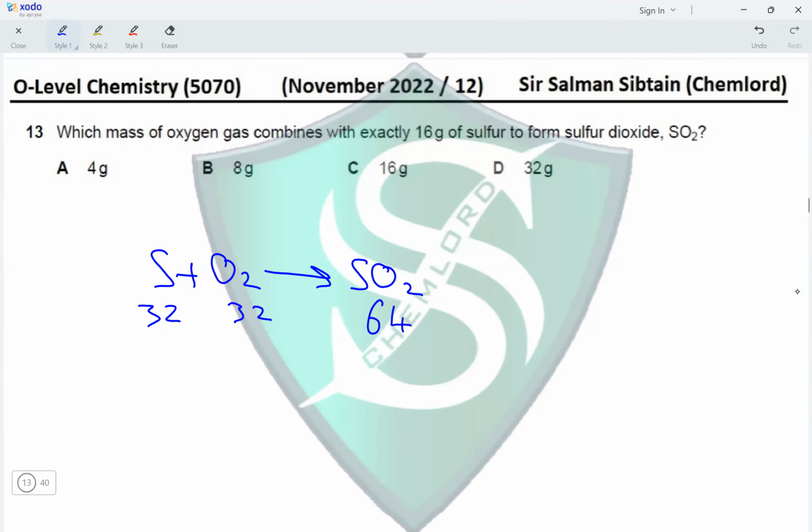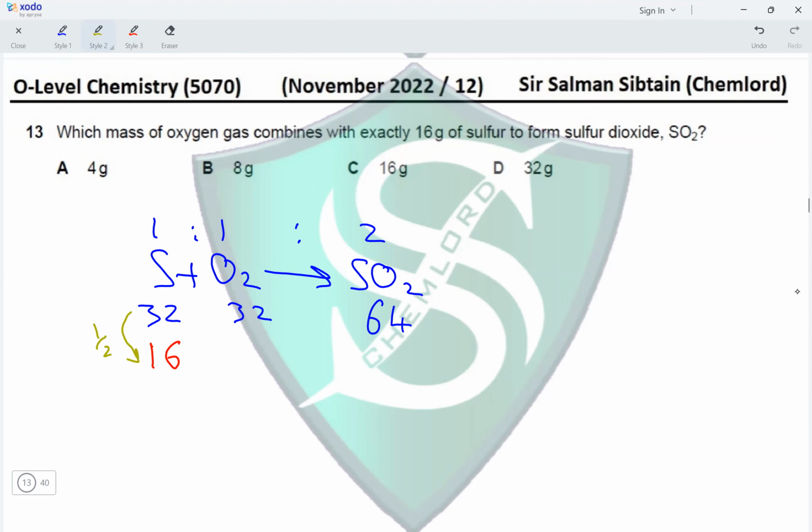So in other words, the ratio of sulfur to oxygen is 1 to 1 as far as the masses are concerned, and the ratio of sulfur to sulfur dioxide is 1 to 2. So they are asking us if we have 16 grams of sulfur present. That is exactly half of 32.